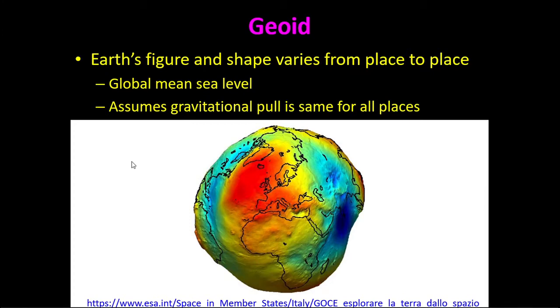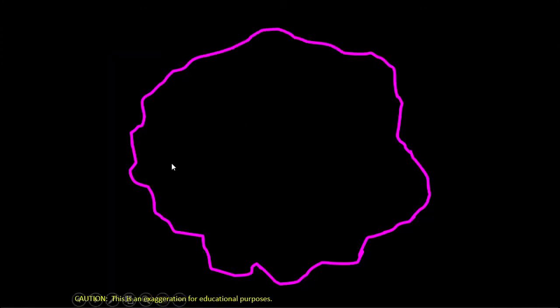Wouldn't this be a whole lot less complex if this was not the case? So not only do we have Earth represented as an ellipse, not a sphere, that ellipse is undulating, it's lumpy, it's not perfect. So we need to account for this shape when we're trying to identify locations on Earth's surface. Okay, this here is an exaggeration of the geoid, just trying to make a point here.